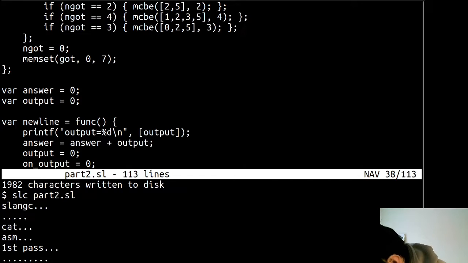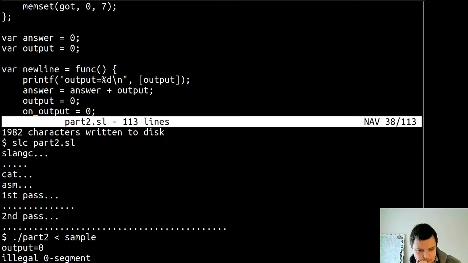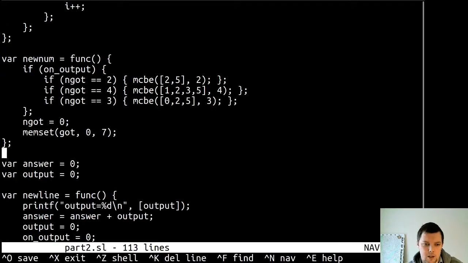So my 6th segment decoding thing is wrong because, based on what I've got written down on paper, I've put them in the wrong order. Illegal 0 segment, interesting. Okay. That is why then. Is it?